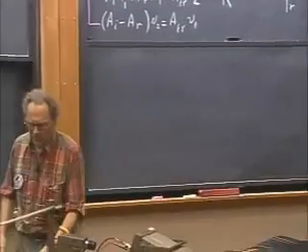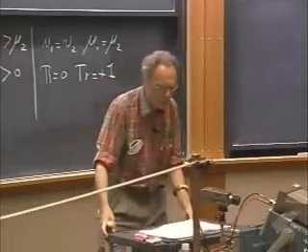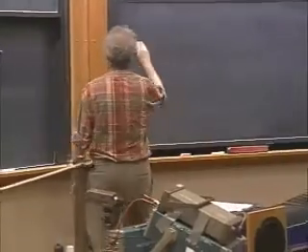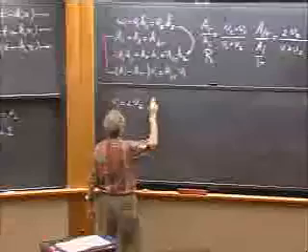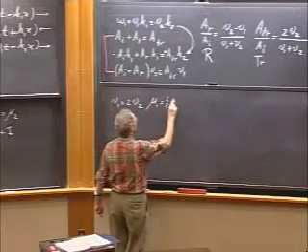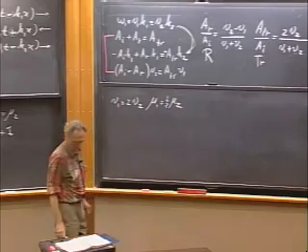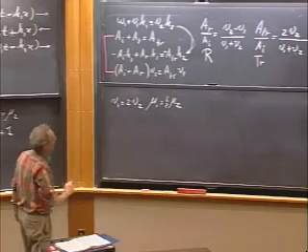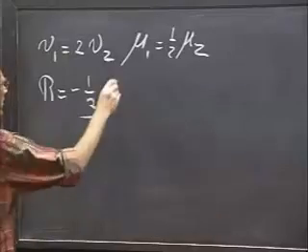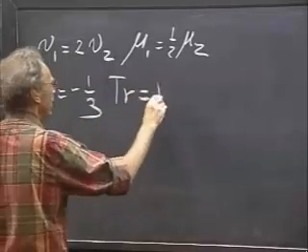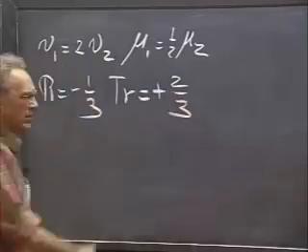So the example that I have in mind is that V1 is 2V2. In other words, mu1 is 1/2 mu2. If I put that in that equation, I find that R equals -1/3, and I find that the transmittivity is +2/3.